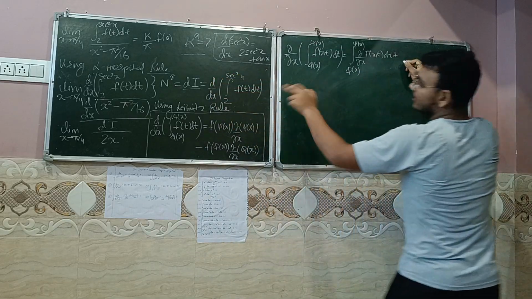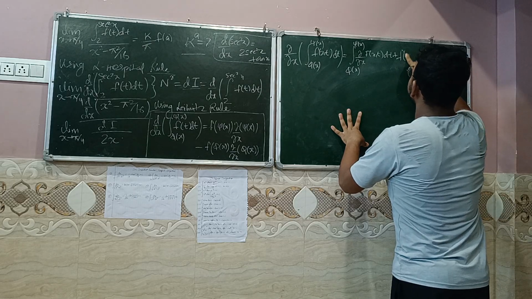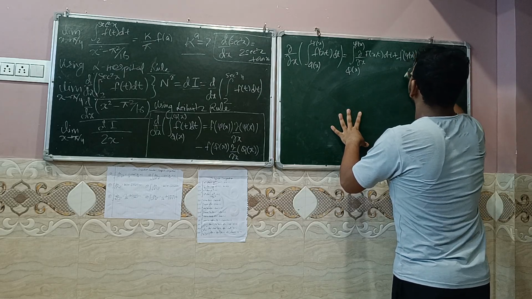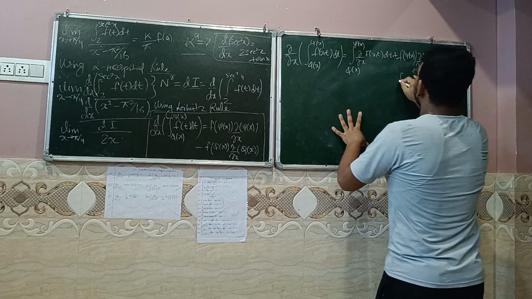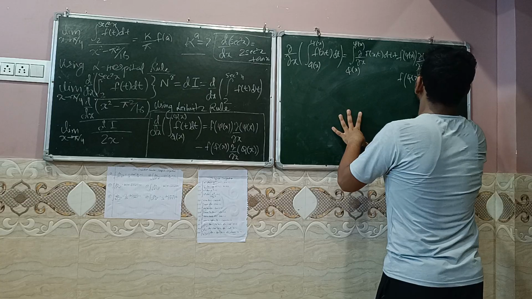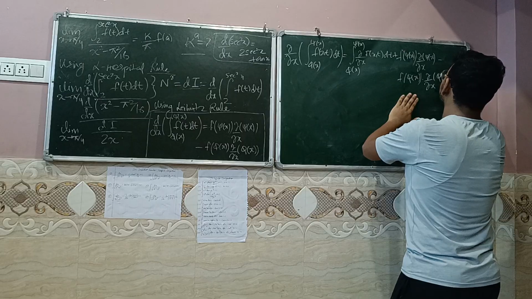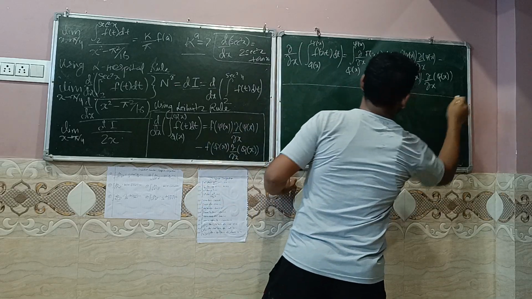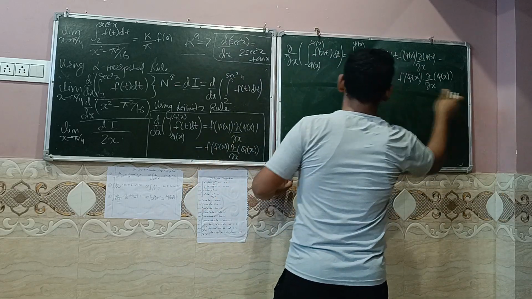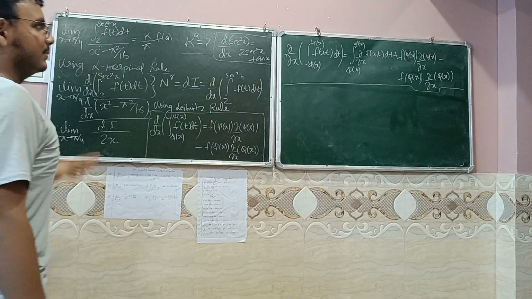And then plus f of psi of x times the derivative of psi of x minus f of phi of x times the derivative of phi of x, right? So I need you to note it down, because this is a great rule and it's very important to understand it.